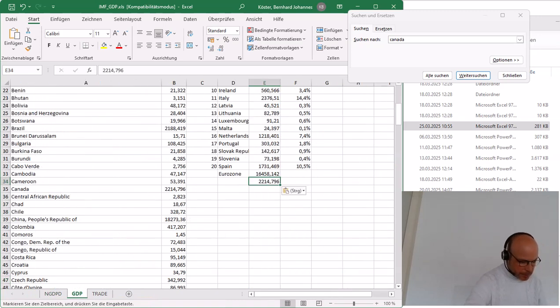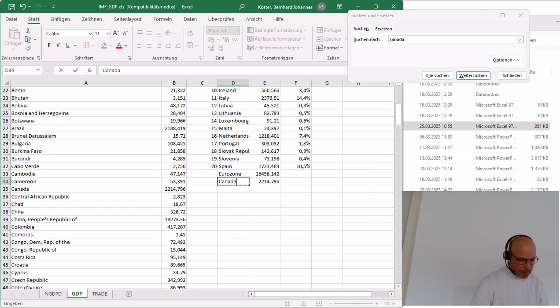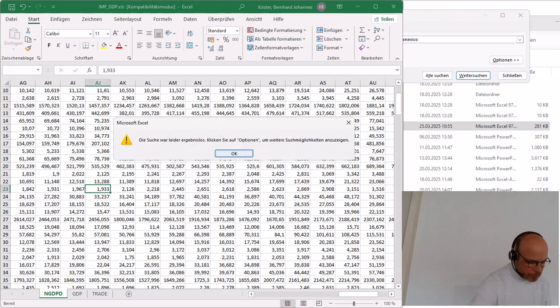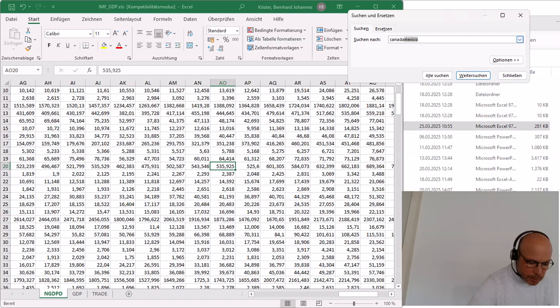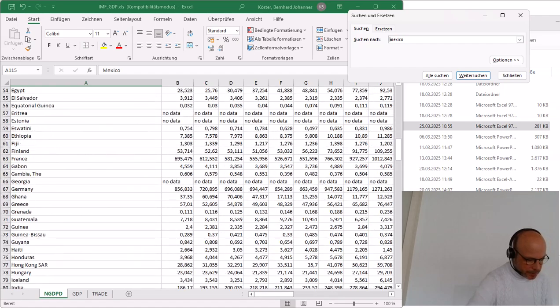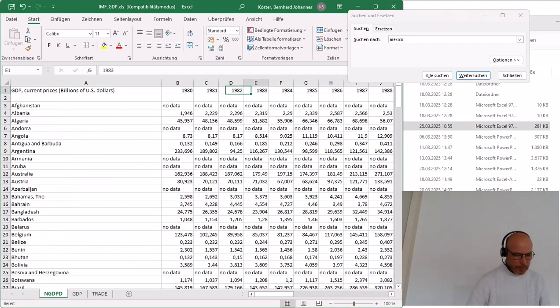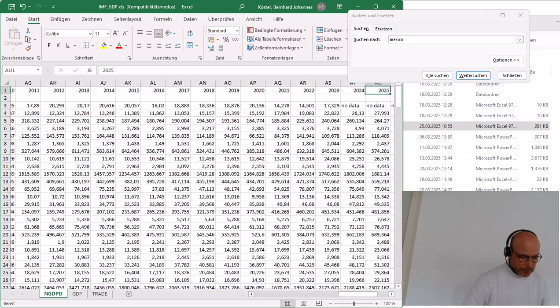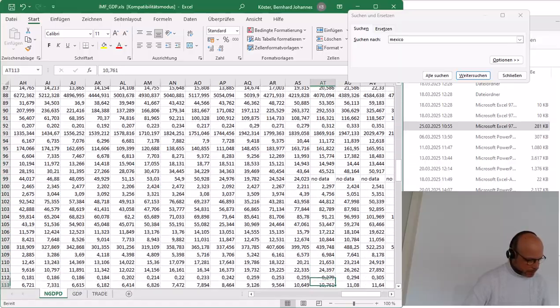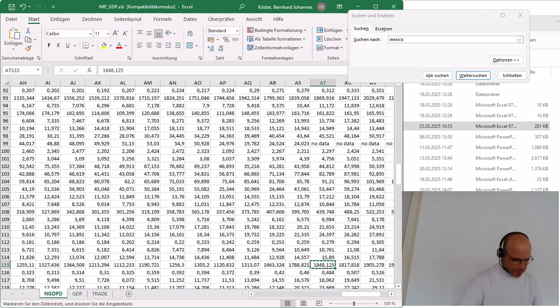GDP, no. And Canada and Mexico we need. This is 115 and also 24. 115.